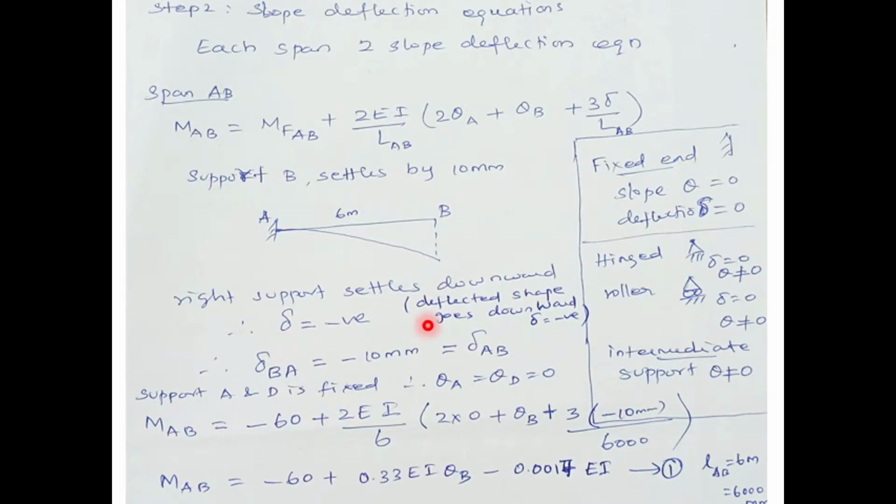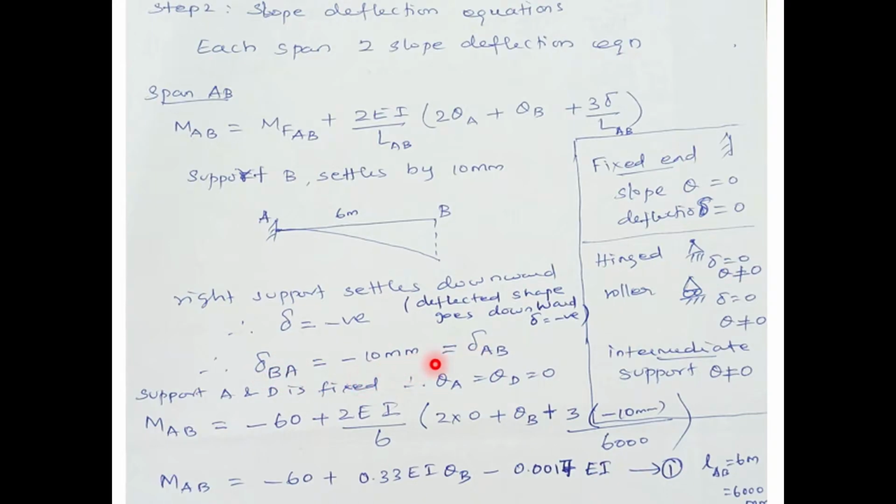Right support settles downward, delta is negative. The deflected shape goes downward, delta is negative. So your delta is minus 10 mm. Therefore, delta AB is equal to minus 10.